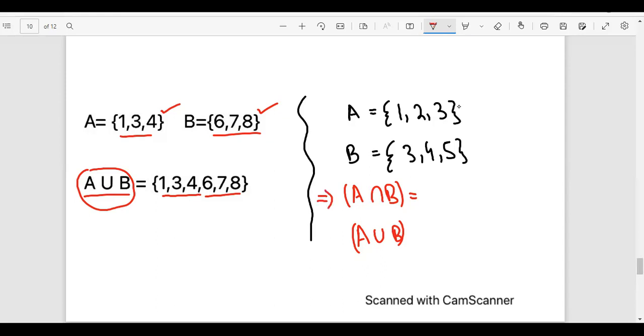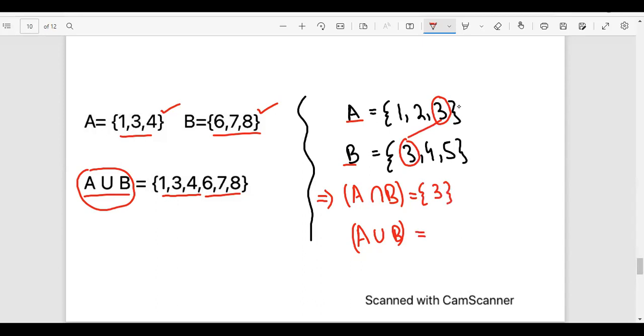What would we have in A intersection B? This is A, this is B. 3. Very good. Intersection means common elements, okay? So this 3 and 3, only this number is common. So it would have 3 only. We can write it in these brackets.